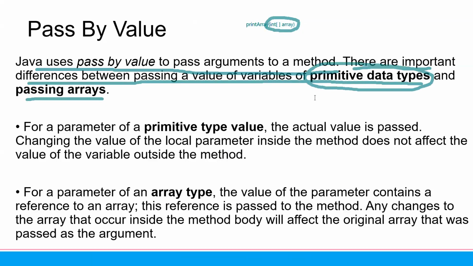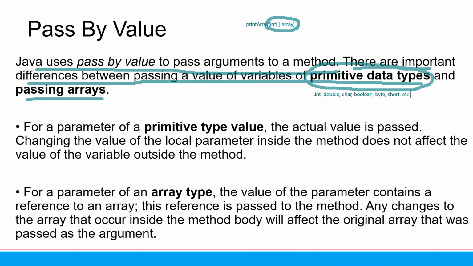The primitive data types we have are like integer, double, character, boolean, string. String is actually not a primitive data type, but yeah, I can say it's like this one. Integer, double, char, boolean, and many other data types like byte, and you can have short and etc. Okay.